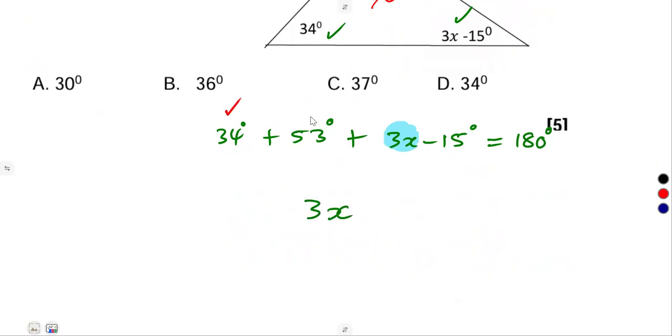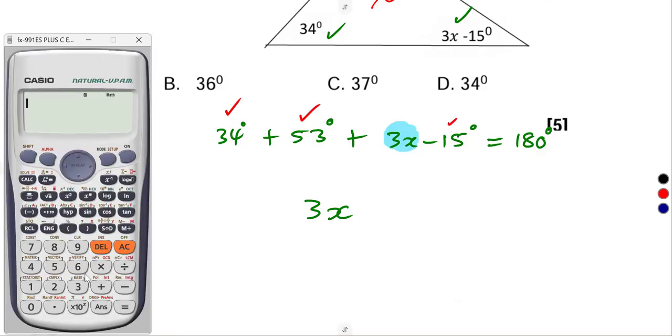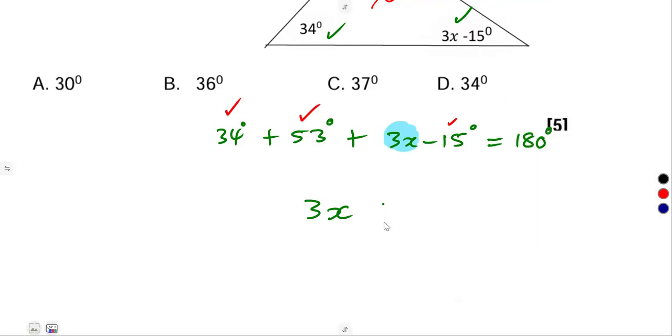We add 34 to 53, all right, then subtract 15. You can even use your calculator there. 34 plus 53, then let's subtract 15. We're going to get 72. So that is 72 degrees. That is equal to 180.